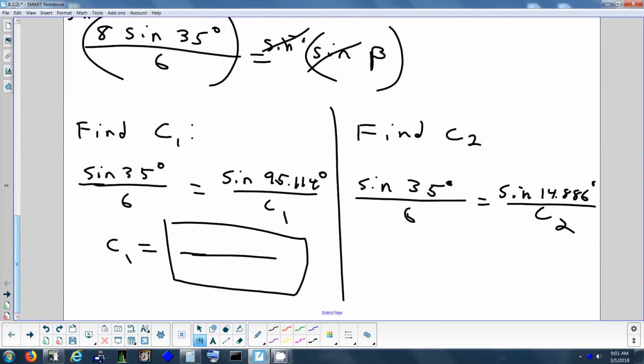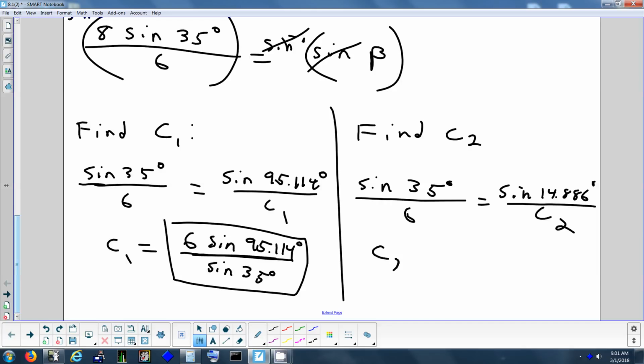It would be 6 sine of 95.114 divided by sine 35. Yep. So we'll type that in. Good. See what we get.